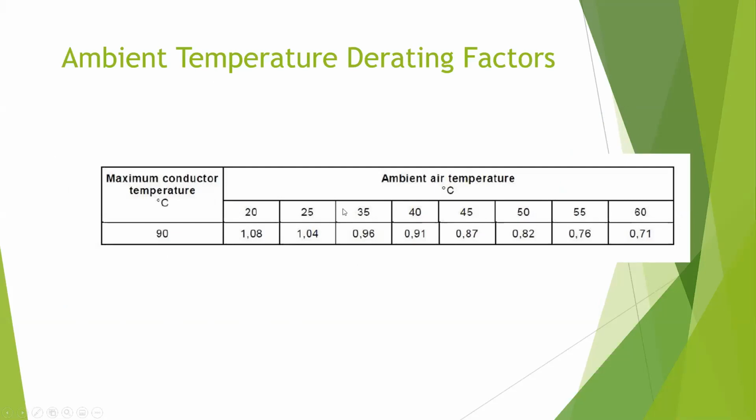If the ambient temperature is higher than 30, our current rating will decrease. At very high temperatures, you will see the current rating is decreased by around 30%. That is how cable current ratings depend on the ambient temperature.